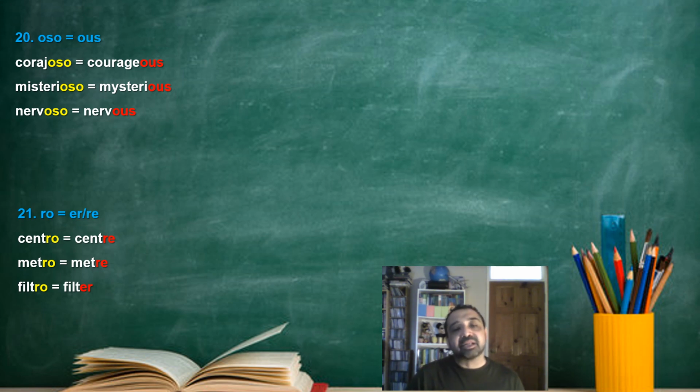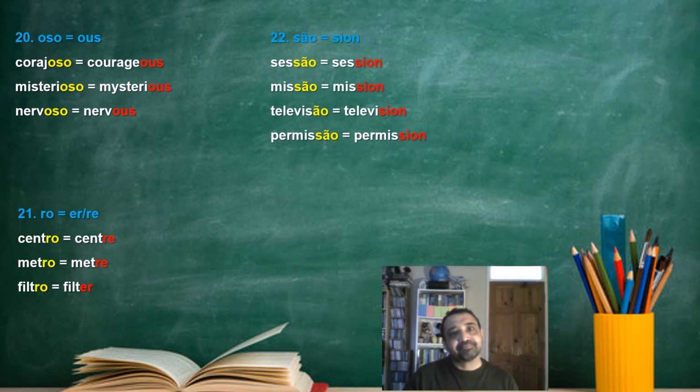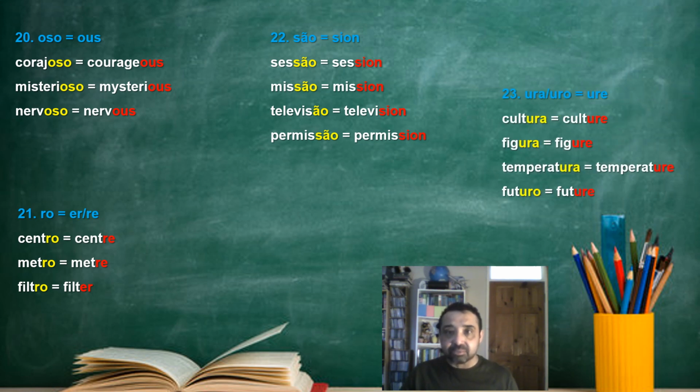Number 21, normally words ending in "er" in English become "ro" in Portuguese, like center, centro, meter, metro, filter, filtro. Easy, isn't it?